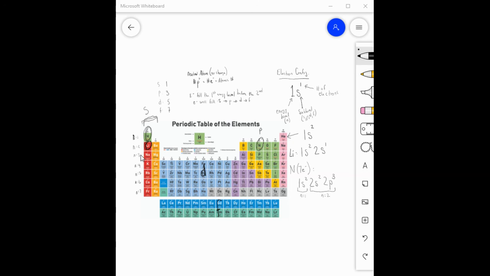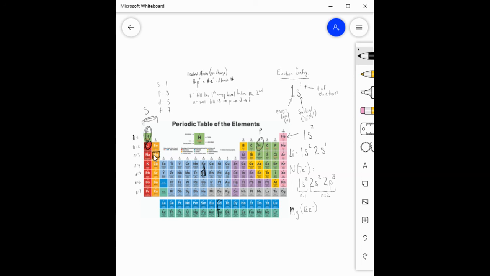So let's look at magnesium. Magnesium has 10, 11, 12 electrons. So how do I get to magnesium using my electron configuration?